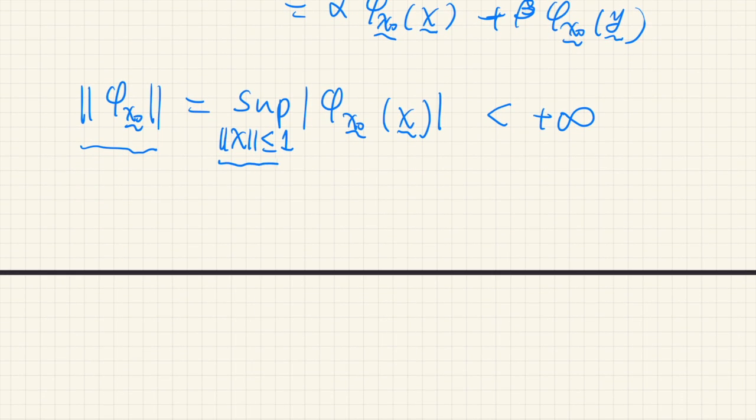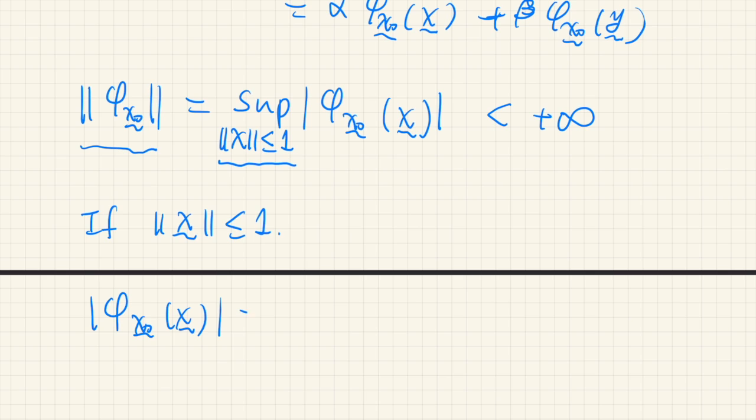First, note that the range of x is restricted in this range. So, if the norm of x is less than or equal to 1, we have the following. The absolute value of phi x0 of x is equal to, according to the definition, the inner product of x and x0.